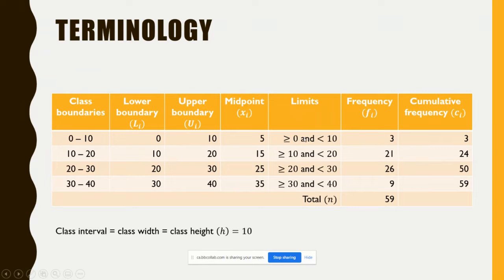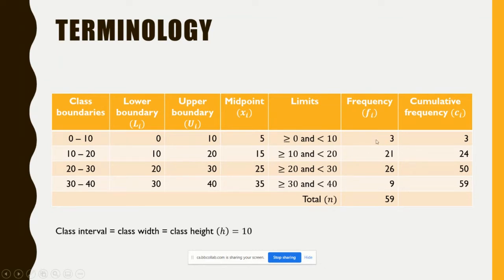Okay, how do we decide the limits? The limits are all the populations above or equal to 0 and less than 10. In the same way, we have the limits for all these classes.